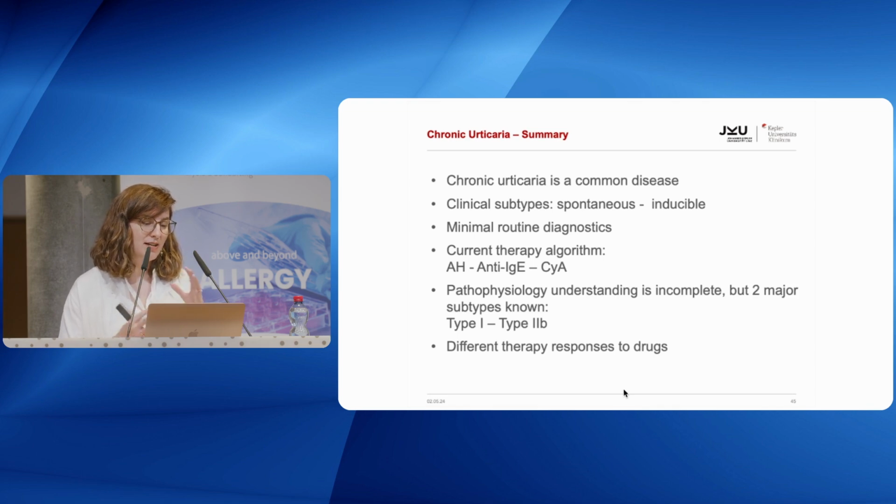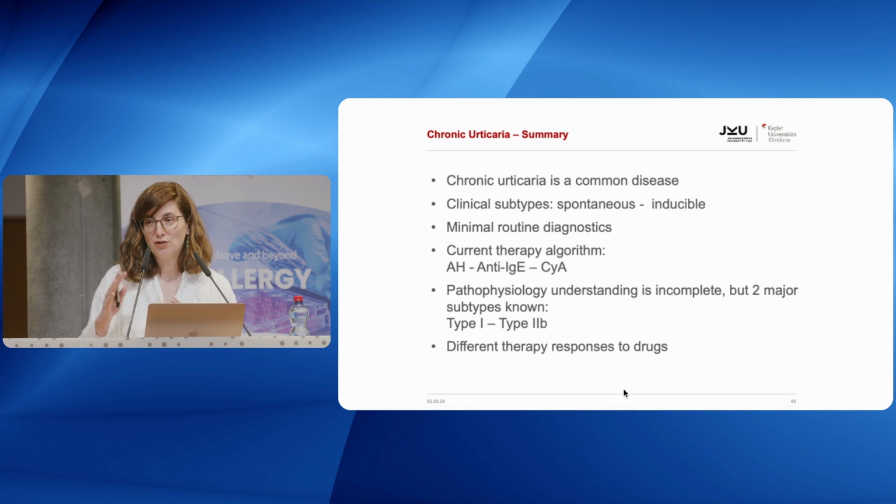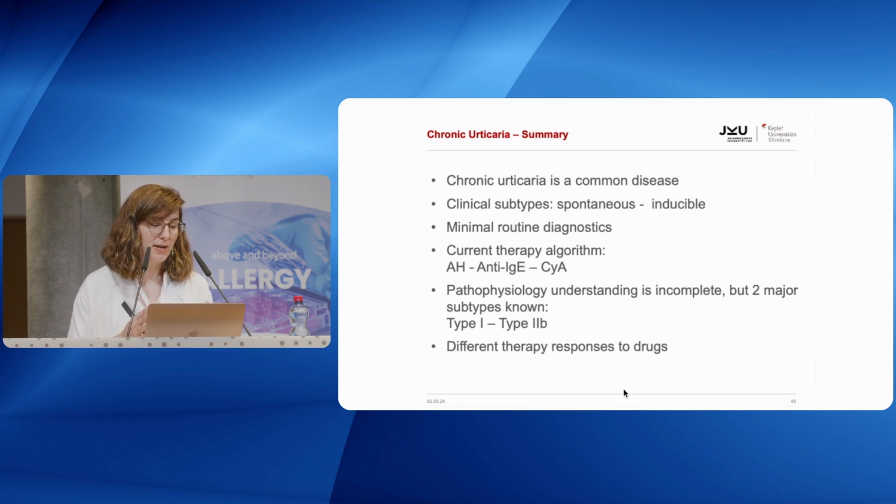And as I showed you already a little bit, it depends on what type you have whether you respond better to the drugs that we already have, the anti-IgE or cyclosporin drugs. And I don't want to talk too much because there will be something about the new drugs, but especially for the new drugs, we see that it really depends how you respond to the drugs, depending on what pathophysiological subtype that is.